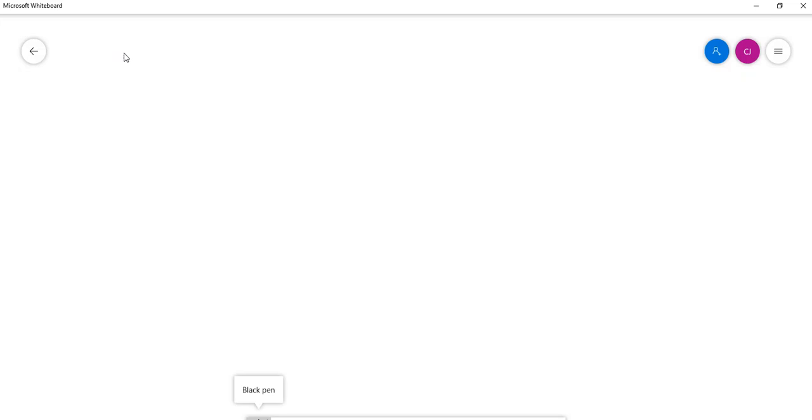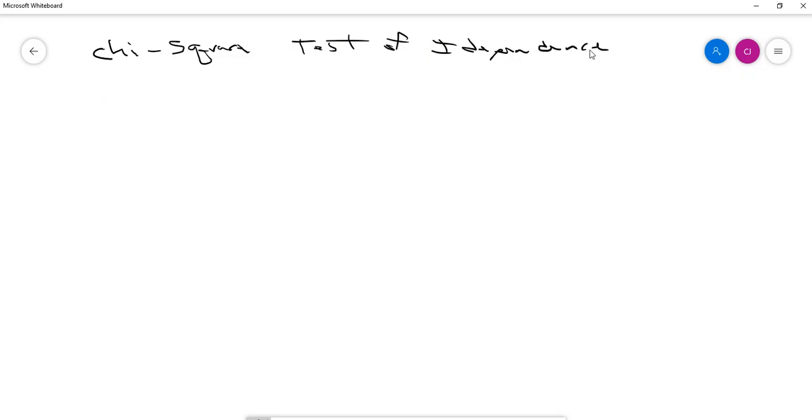So this is my chi-square, and this is a test of independence, right? Chi-square test of independence. So I'm just going to draw the graph.